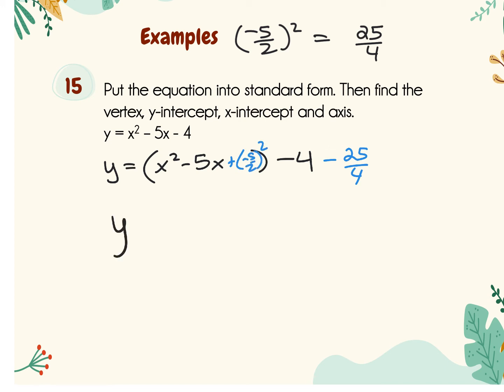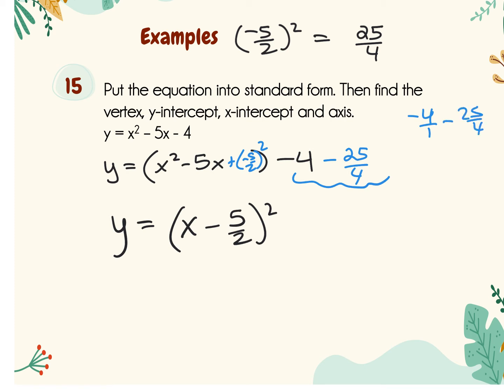So when I go to factor this, x minus 5 over 2 squared, I have to find a common denominator for these guys. So I could do -4 over 1, 25 over 4, change this to 16 over 4, and this becomes -41 over 4.